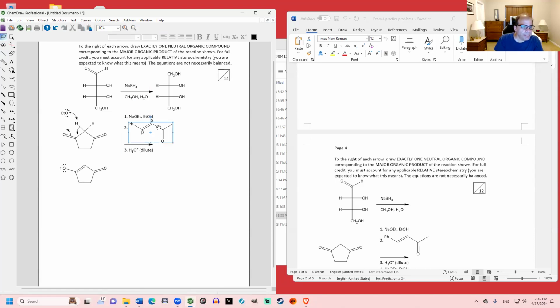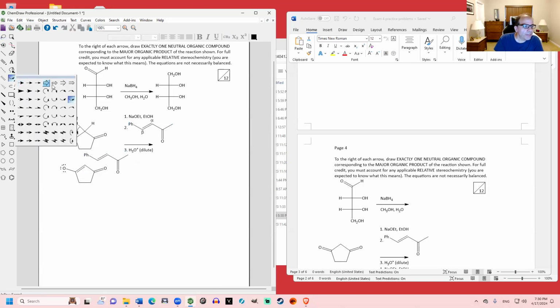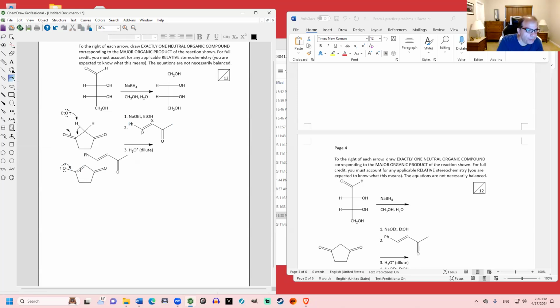So let's copy that molecule. Again, I realize that's not as easily done with a pencil. But the enolate will form a new carbon-carbon bond.